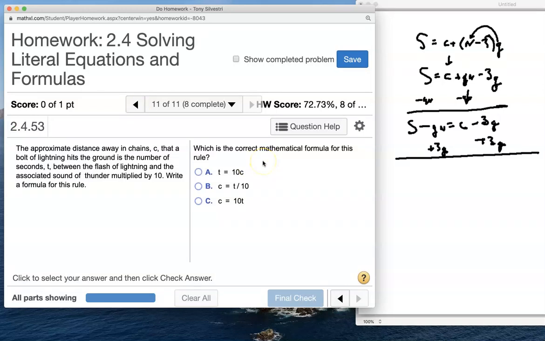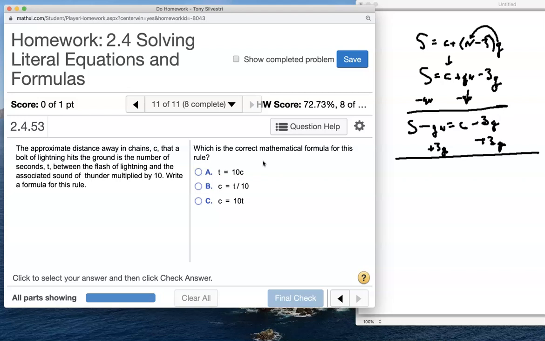The last problem we'll look at is a word problem. What's that say? The distance away in chains, C, that a bolt of lightning hits the ground is the number of seconds t between the flash of lightning and the associated sound of thunder multiplied by 10.